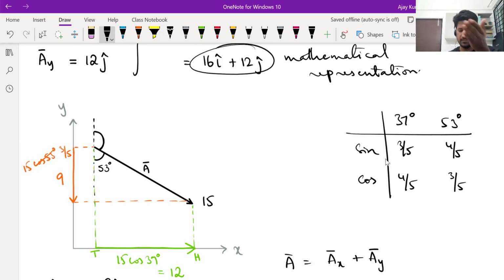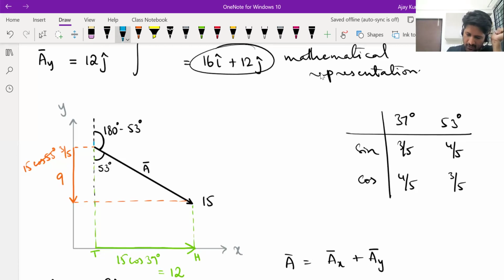Downward angle is 53 degrees. How much will the angle with the upward direction be? 127. 180 degrees minus 53. Let's keep it like that. Now with the upward y-axis, it makes an angle 180 minus 53.